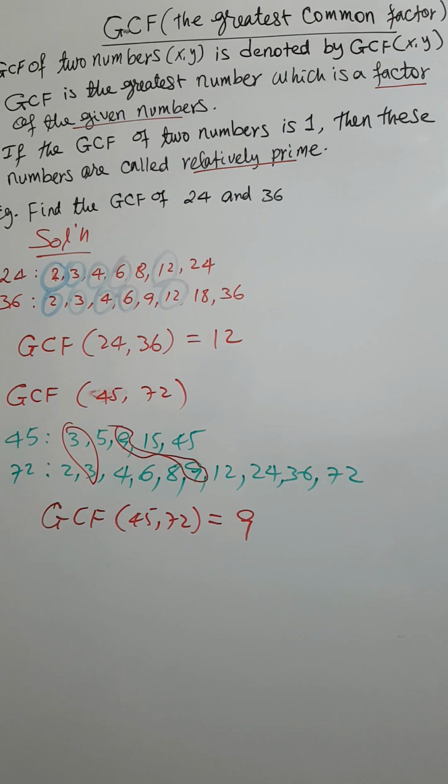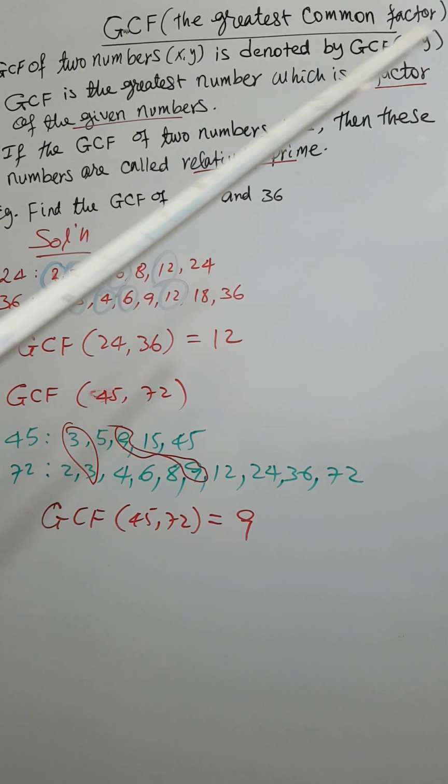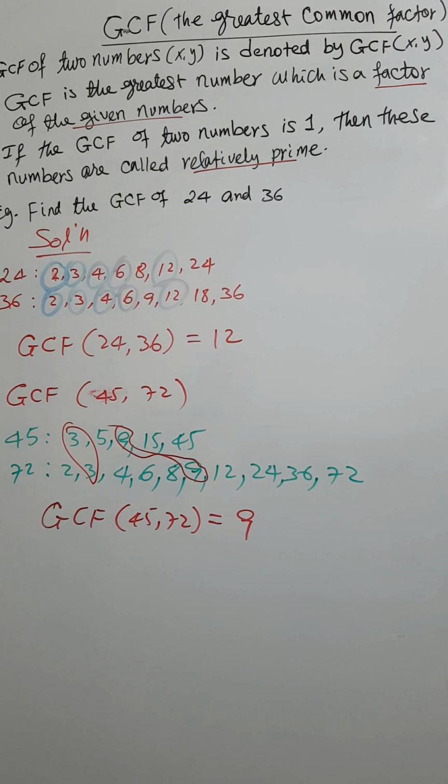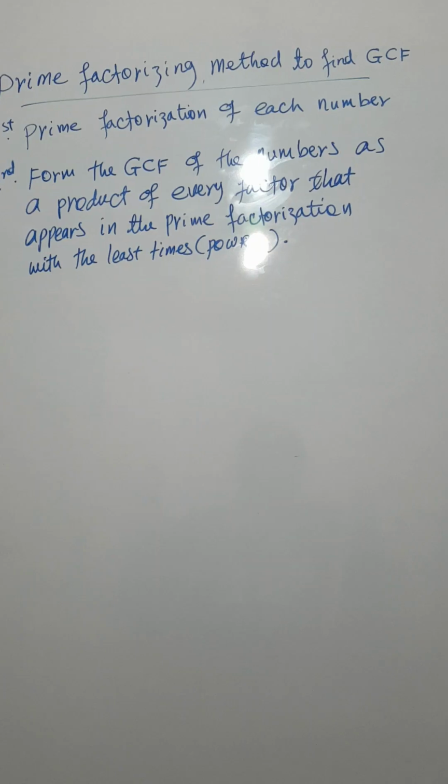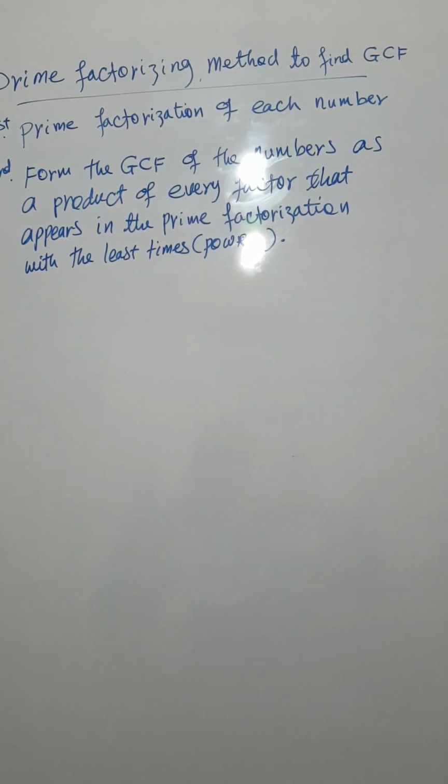To shorten it, we do have another method, the prime factorization method, which has two simple and fast steps. It is the most effective, fast method to find the GCF.